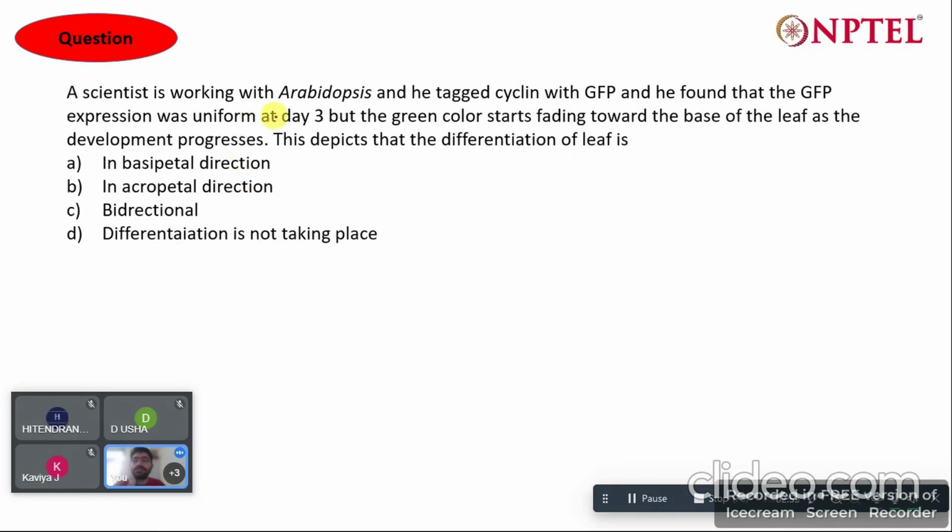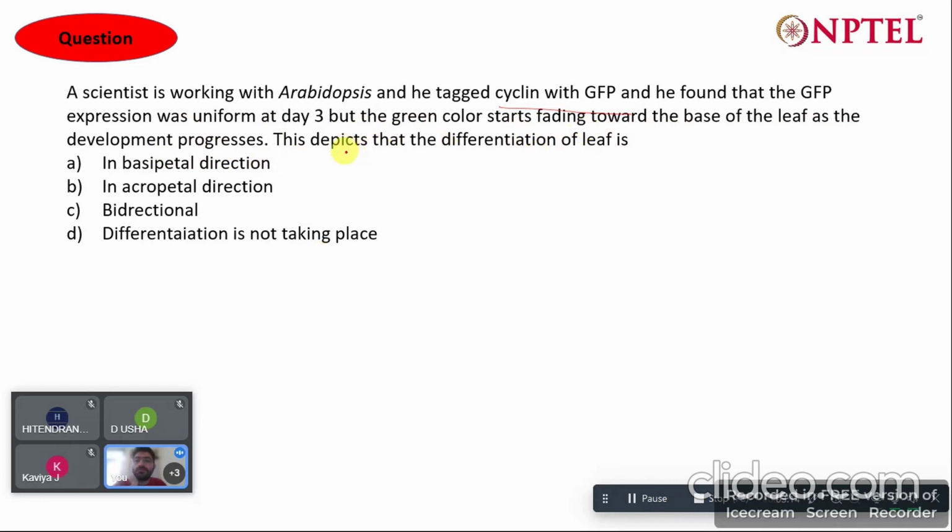So a scientist is working with Arabidopsis and he tagged cyclin with GFP. Okay, so this is a translation fusion that we talked about, and he found that the GFP expression was uniform at day 3, but the green color starts fading towards the base of the leaf as the development progresses.